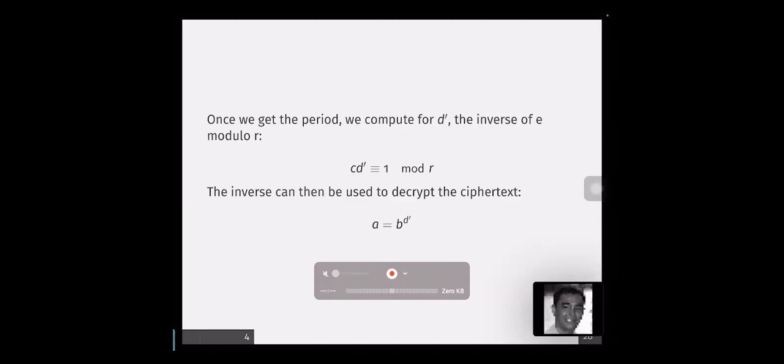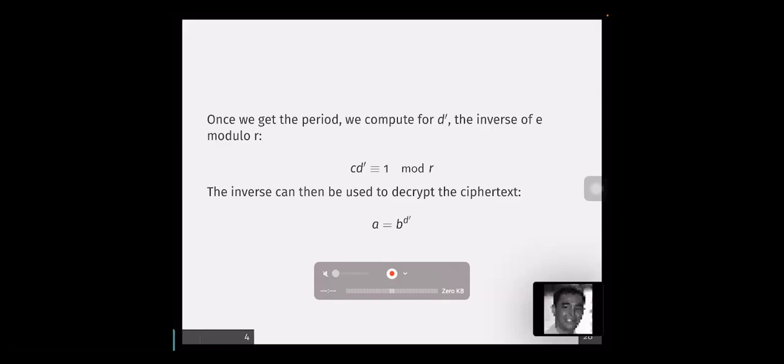I'm going to show you why it is the way it is. C is the cipher, the coding number.